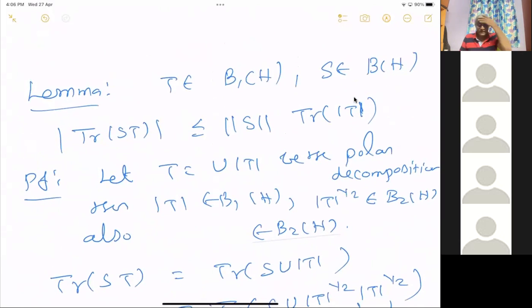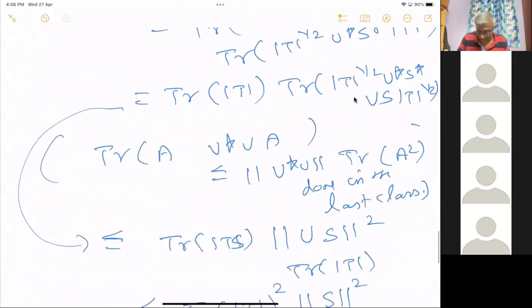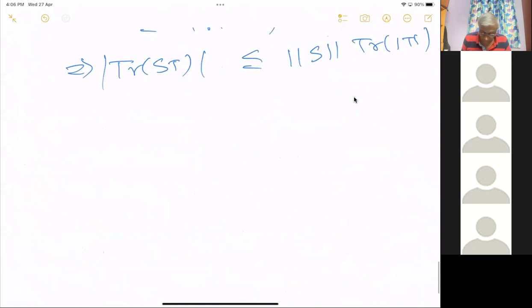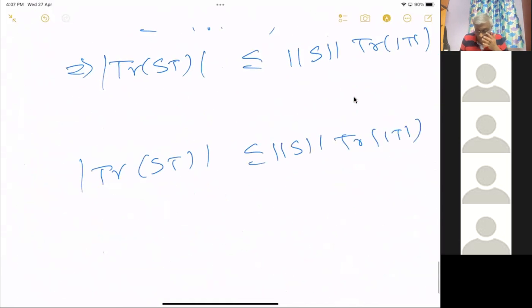Yeah. So let me go through it again. We want to prove something like this: you are proving that the trace of |S T| is less than or equal to norm S times trace of |T|.